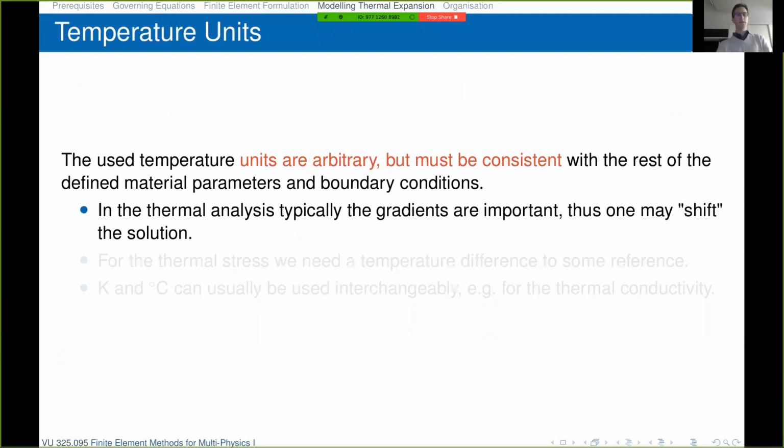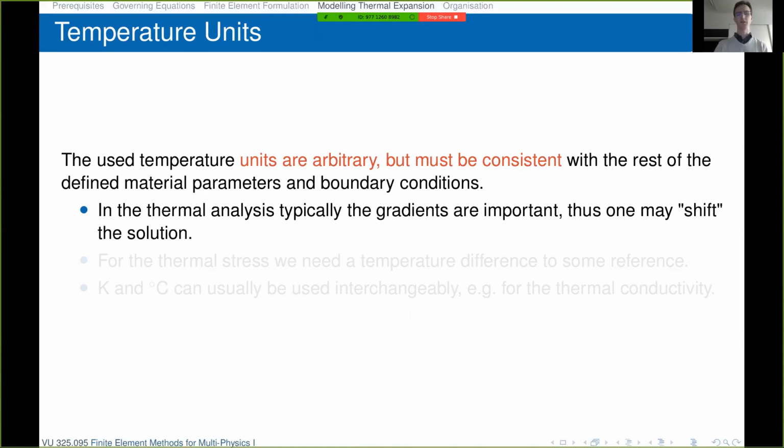Finally, let's look at the temperature units. The used temperature units are in principle arbitrary, like any unit system. However, they must be consistent with the rest of the material definitions and boundary conditions. If you do the thermal analysis, typically only the gradients are important. So you may shift the solution to arbitrary temperature values.